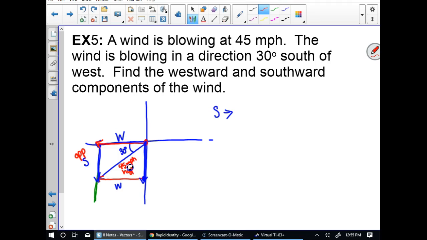So if I have opposite and hypotenuse, which trig function should I use? Sine. So I'm going to say sine of, in this case I know the angle, it's 30 degrees, equals opposite, which is that S that I don't know, over hypotenuse, which is 45.